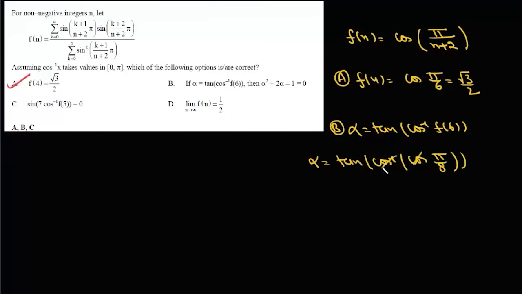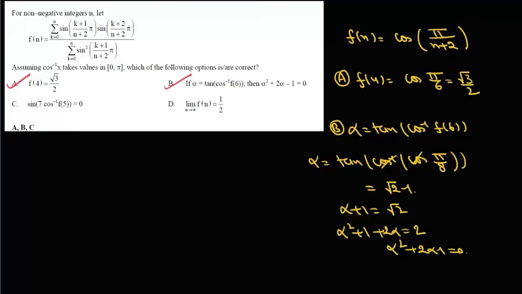Now cos inverse and cos will cancel. Now this is tan(π/8), and we know that tan(π/8) is √2 − 1. So we can write α + 1 = √2. We square it. We can write α² + 1 + 2α = 2, or α² + 2α − 1 = 0. That means this option B is also correct.